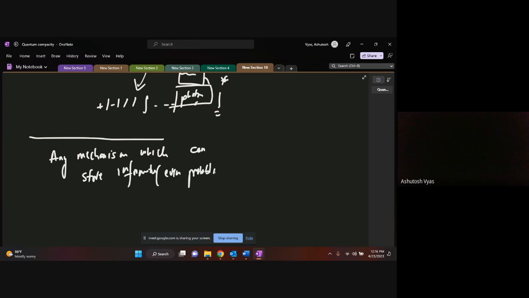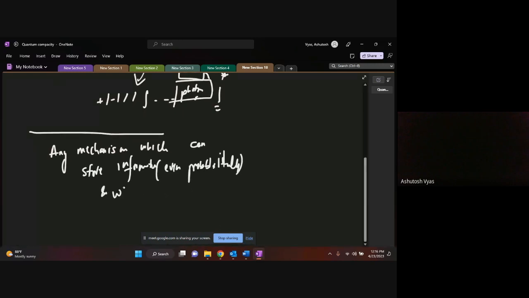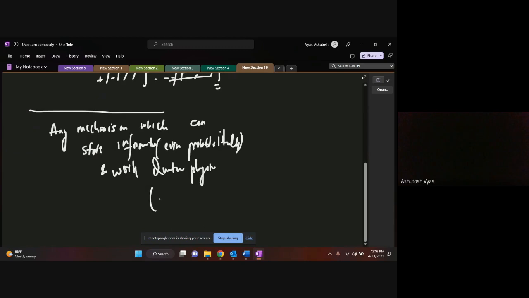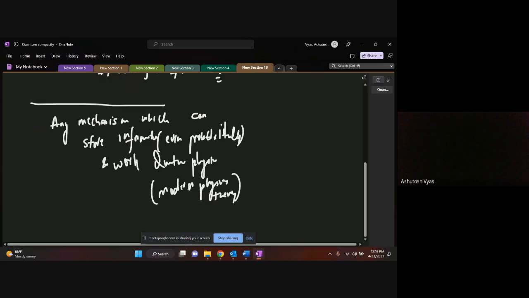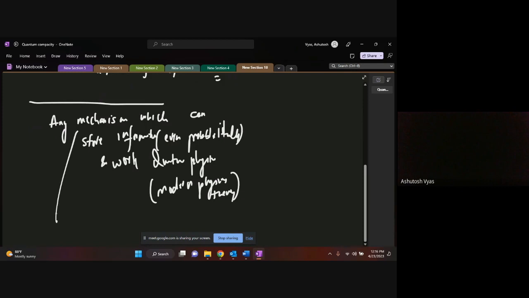Even probabilistically, statistically, and work on quantum physics, right? Or basically modern physics theory, right? So any mechanism. Now this mechanism can hold electrons.